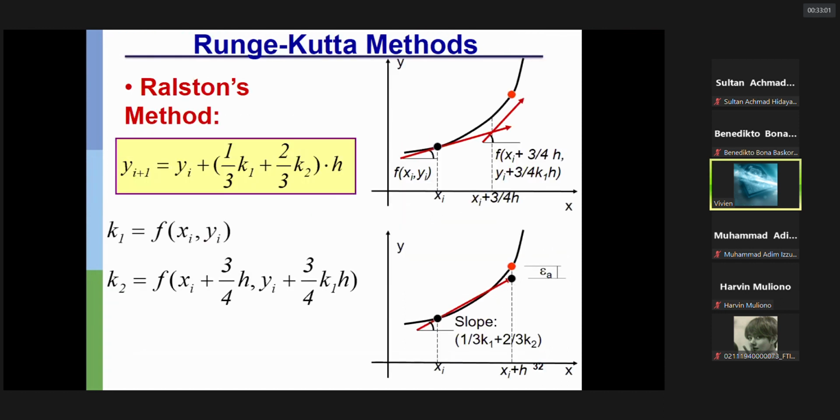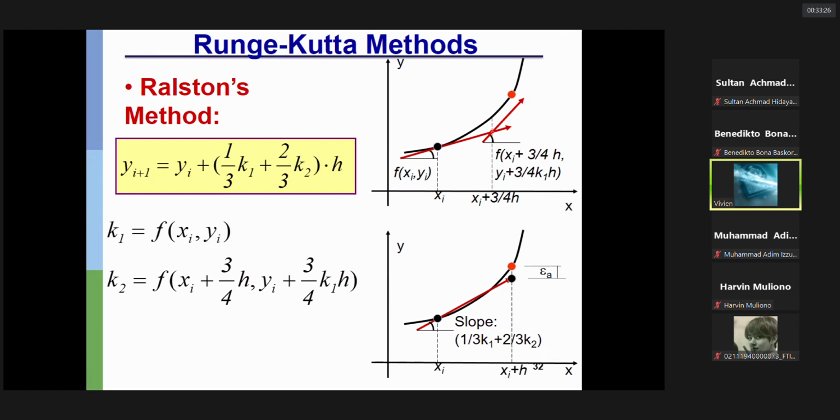Next we have the Runge-Kutta method, Ralston's method, in which this is the illustration. What we do is calculate the slope at xi, yi, and then use this slope to predict the value at i plus 3/4 from point xi. So we project from xi with the slope, and we have this point.